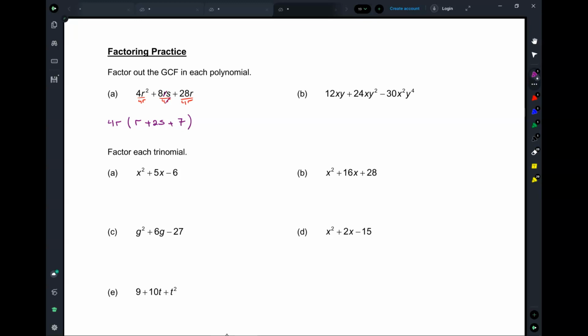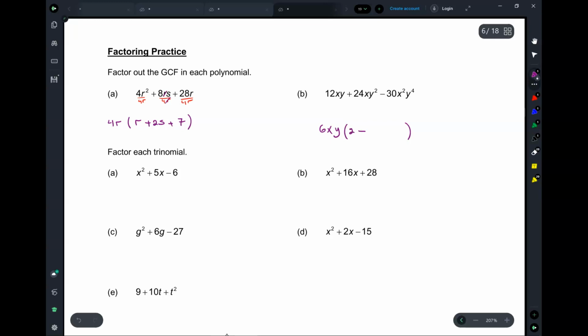Here, between the 12, the 24, and the 30, what can I factor out? A 6. I have an x squared, so I can factor out an x, and a y, since the lowest exponent of y is 1. I'm going to mentally divide by 6xy. 12 divided by 6 is 2, and no variables remain.